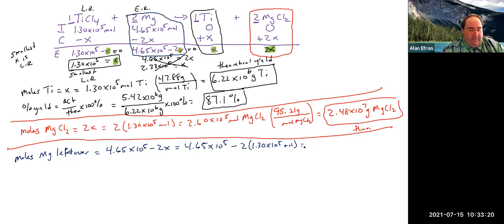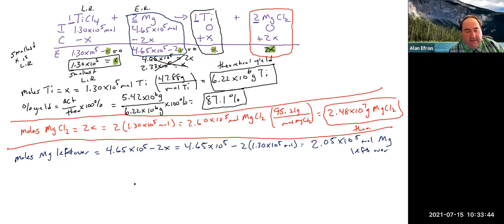If we do that, 4.65 times 10 to the fifth minus 2 times 1.3 times 10 to the fifth gives us 2.05 times 10 to the fifth moles of magnesium that's left over.